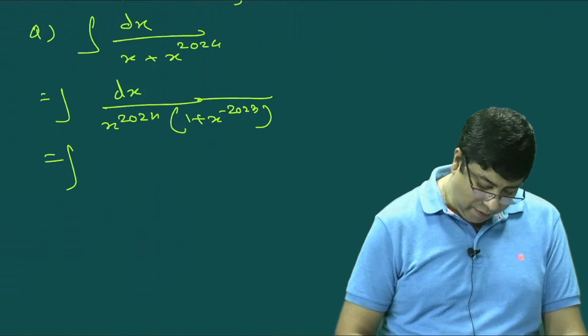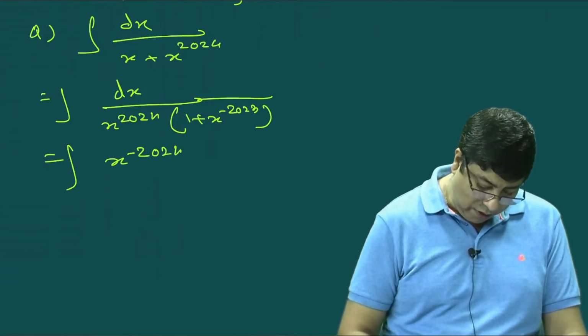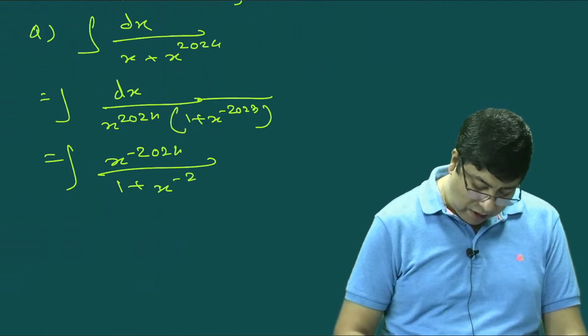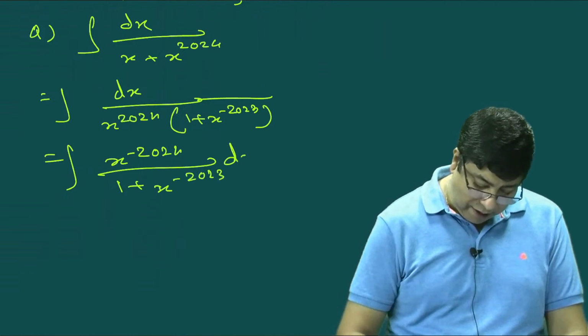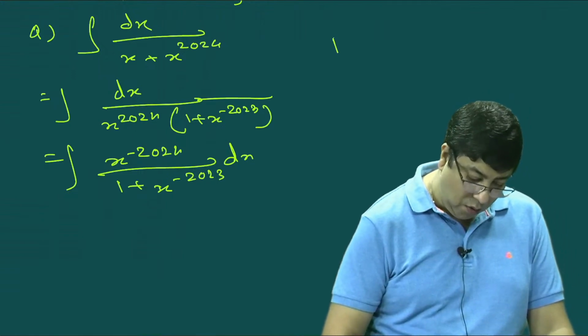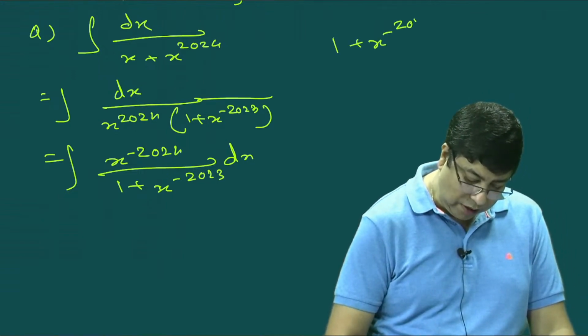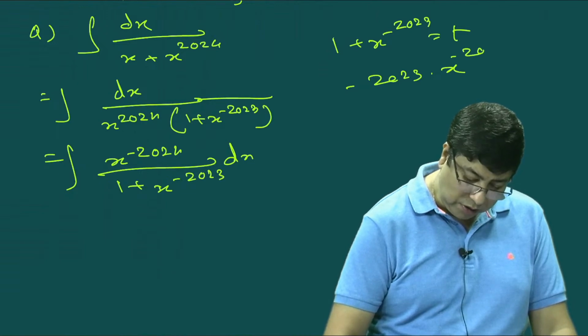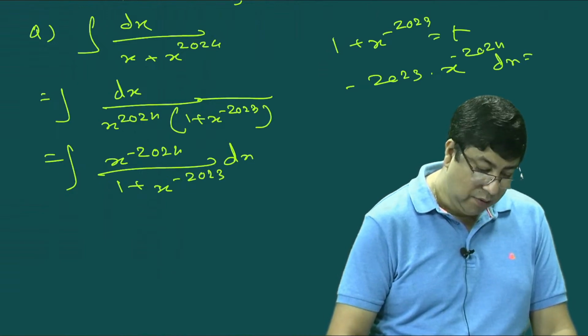So if we take it up, x to the power minus 2024 total divided by 1 plus x to the power minus 2023 dx. So if we take the denominator as t, 1 plus x to the power minus 2023 equal to t, then minus 2023 into x to the power minus 2024 dx equals dt.